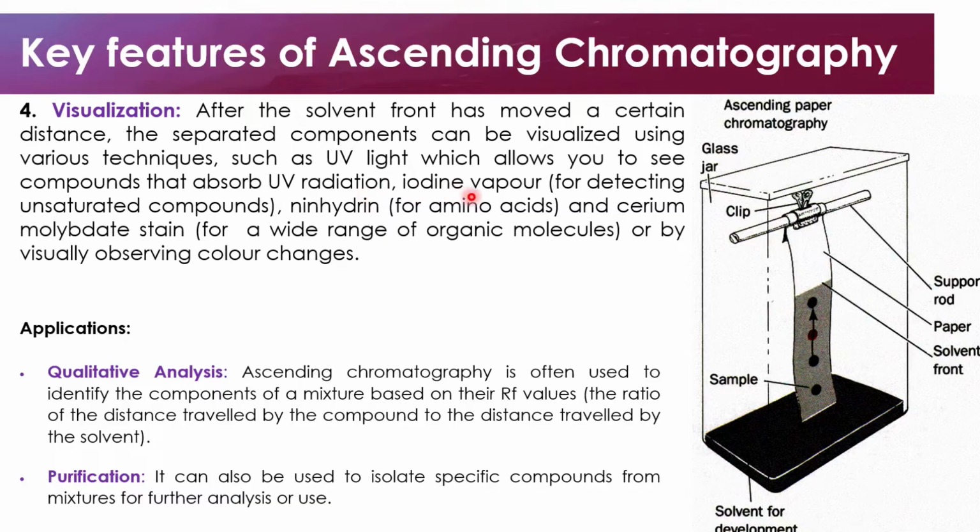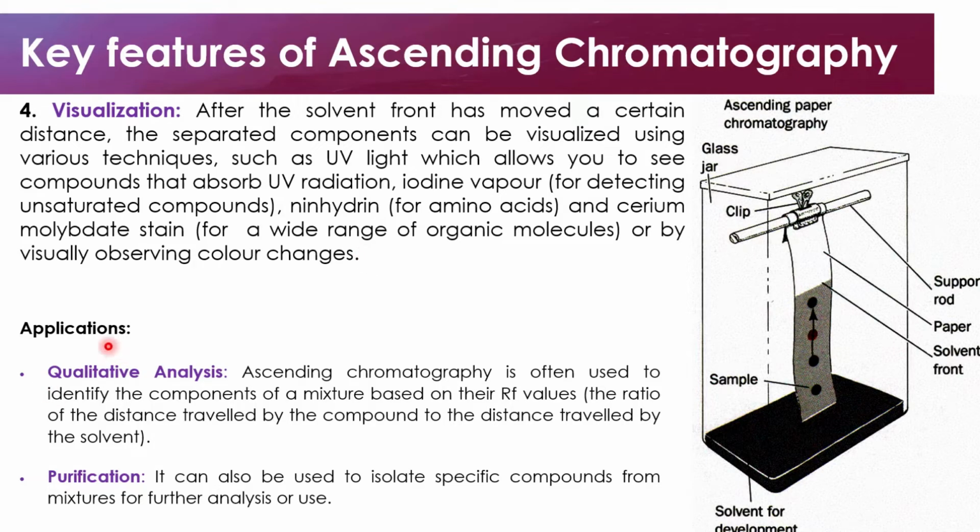We also have iodine vapor for detecting unsaturated compounds, ninhydrin for detecting amino acids, and ceric molybdate stain, which is used for a wide range of organic molecules, or by visually observing color changes. These are some of the visualizing agents that are normally used in chromatography.